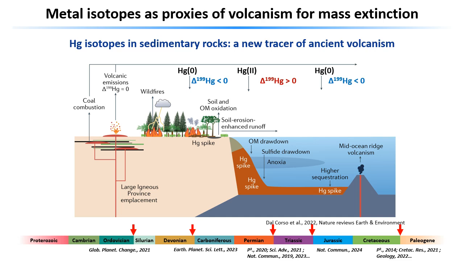But if mercury is transported for a long distance in the atmosphere, the photoreduction can produce positive mass-independent fractionation in mercury 2+. Once this mercury 2+ is deposited in the sediments, it can produce positive capital delta 199 in sediments. And on the other side, the terrestrial input generally has negative capital delta 199. This is the reason why mercury isotopes have been used in many studies to trace the volcanic impact on the mass extinction.